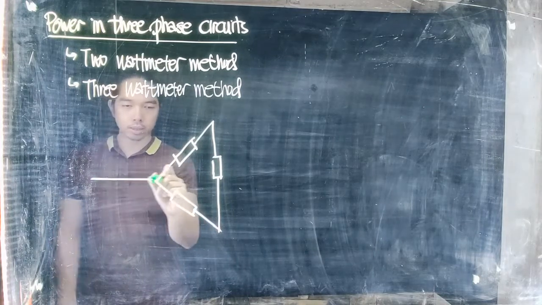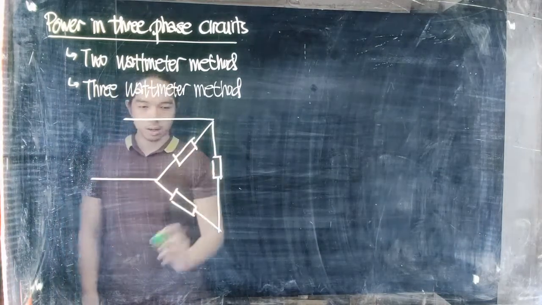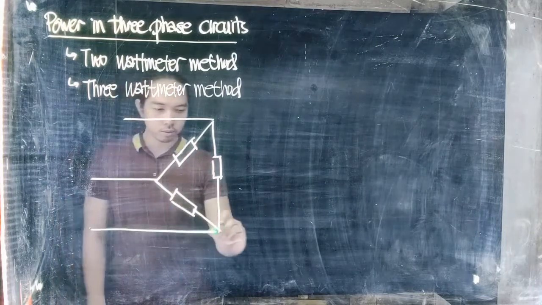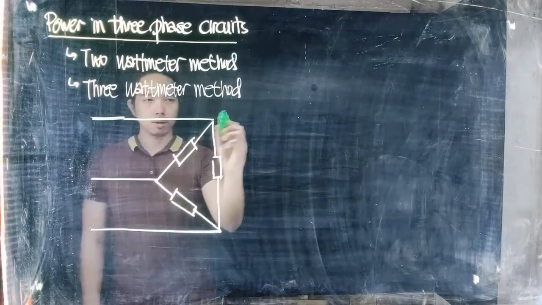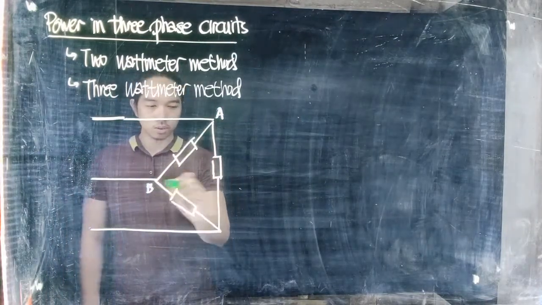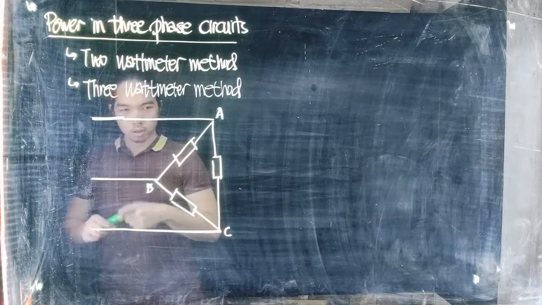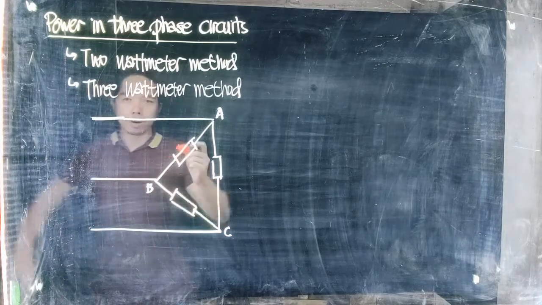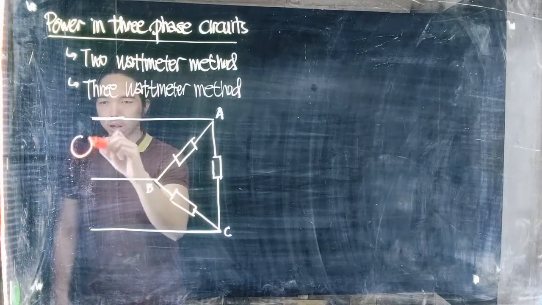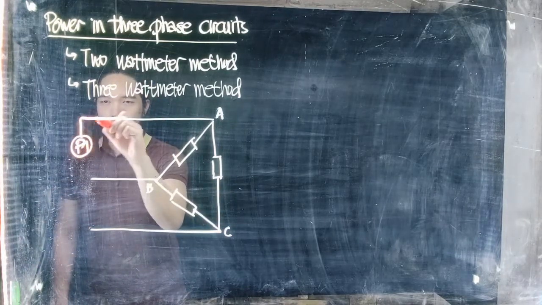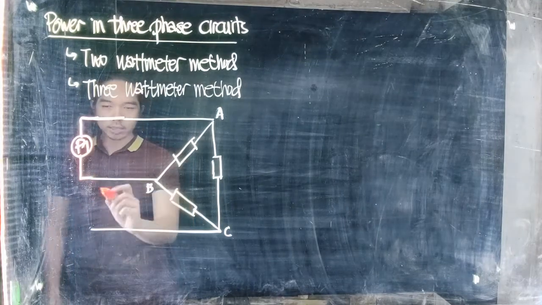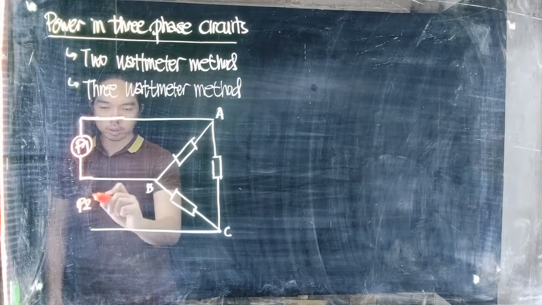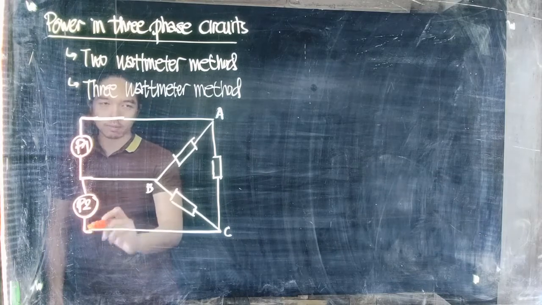That will be connected here, and connected here. So we're going to connect it like this. The first power meter will be here, and the second power meter will be connected here. So this will be the 2 watt-meter method.